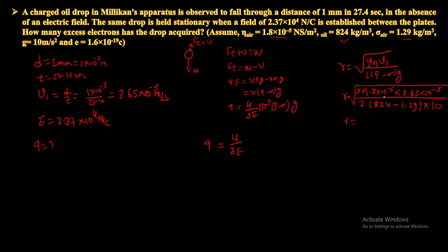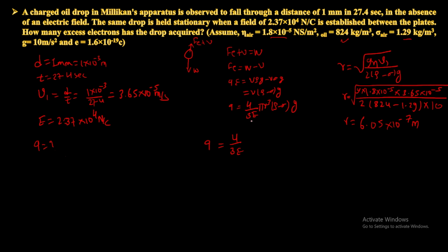By solving all the numerical quantities here, we will get the radius of the given oil drop. Just use your calculator to find the radius here. I have found 6.05 into 10 to the power minus 7 meter. The radius of the given oil drop is found to be this much.